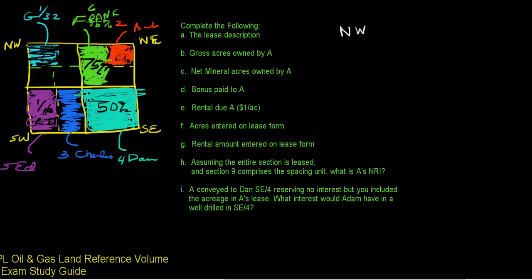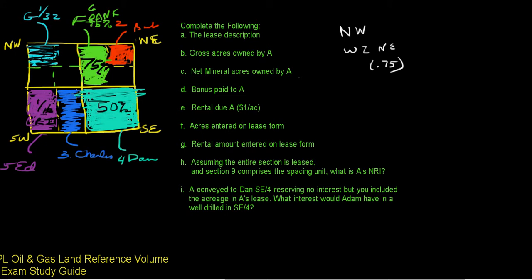We know this whole west half of the northeast is owned by A. West half of the northeast. And down here I'm going to put that A only owns a 75% interest in that.